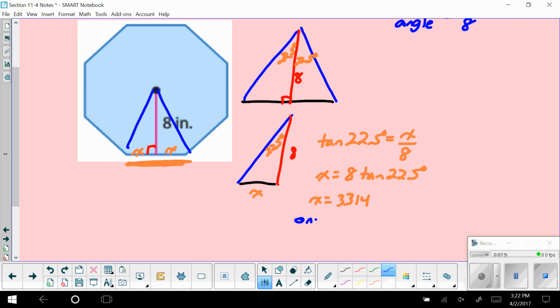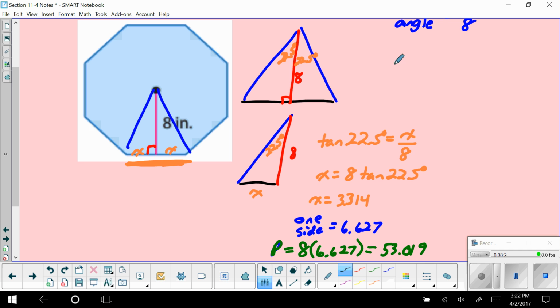So one side is going to be 6.627. And then my perimeter is going to be 8 times the length of one side, because I have 8 of those sides, which is 53.019.